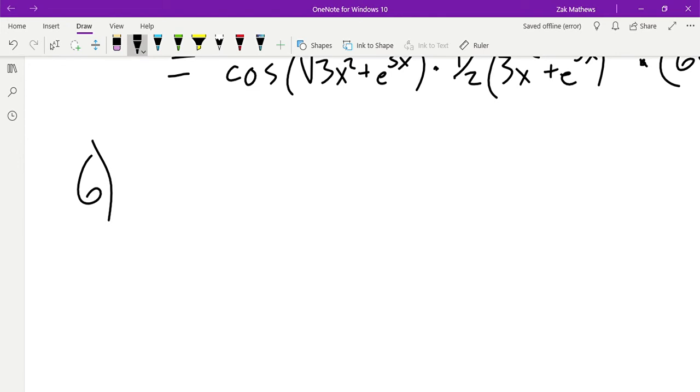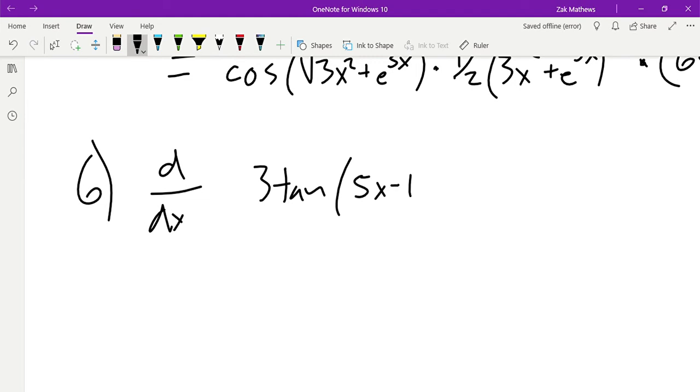Let's mix some chain rules in with some more product rules and look at some more multi-step problems. So let's say we have 3 tangent of 5x minus 1, times e to the sine x, and then we'll have an x to the 5th.